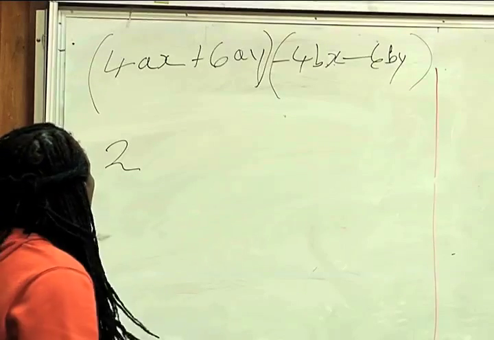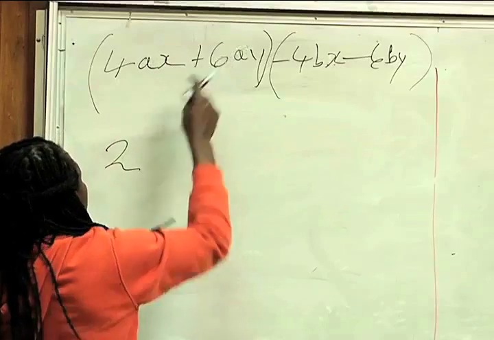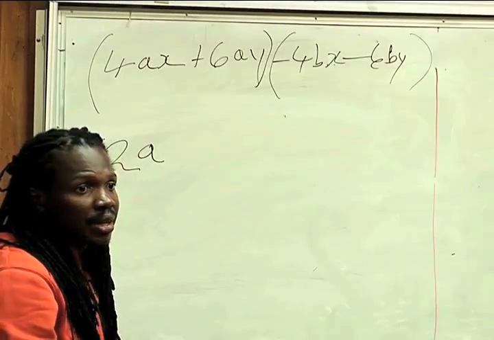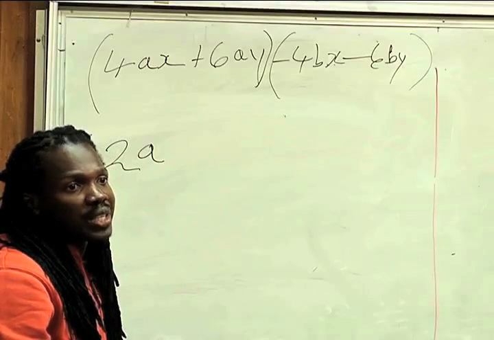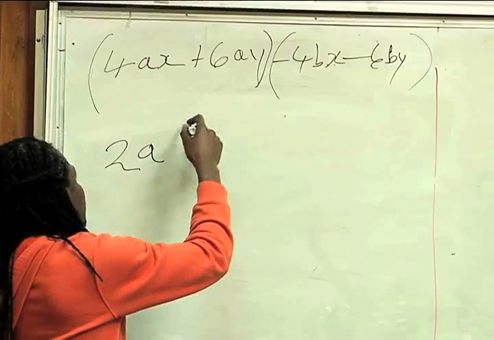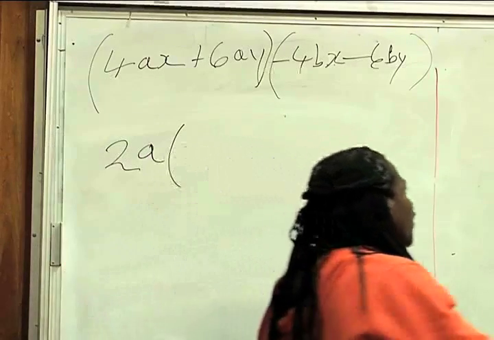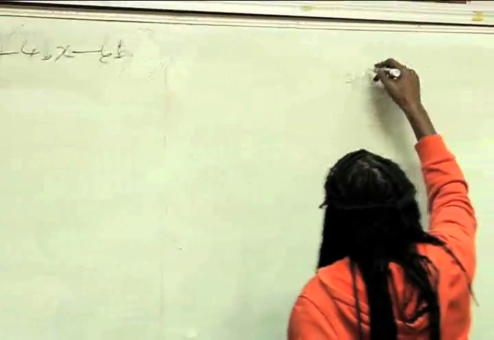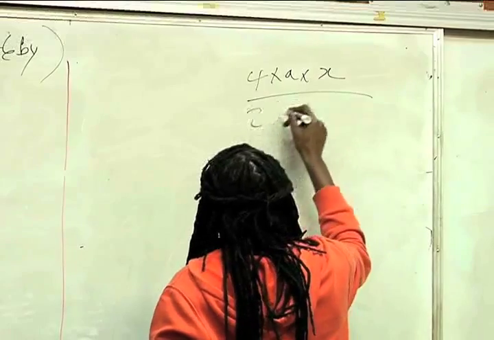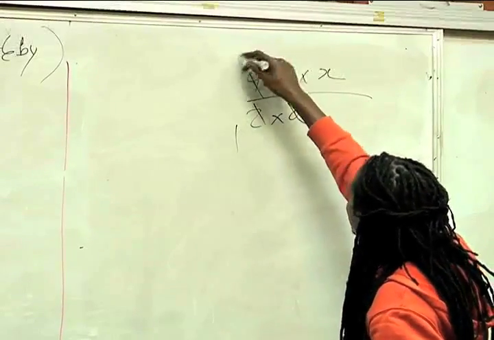What letter is common? A. Is anything else common? No, sir. A to what power is the lowest a? A to the 1. So you have to write it. 4ax is actually 4 times a times x, divided by 2 times a. So a cancels a, 2 into 2 is 1, 2 into 4 is 2.